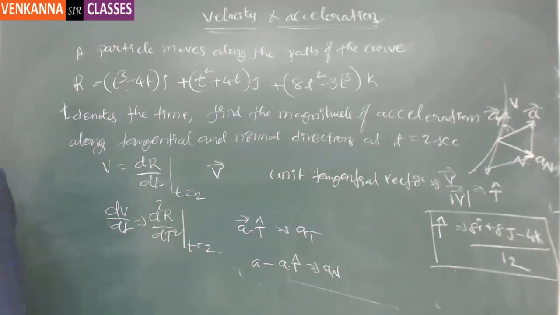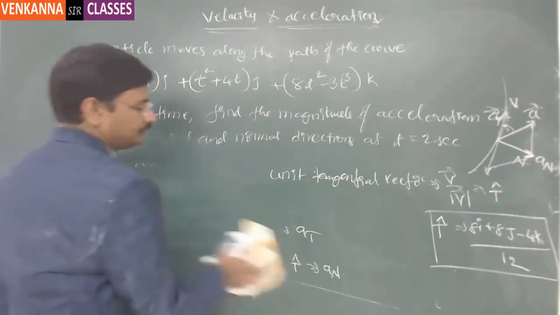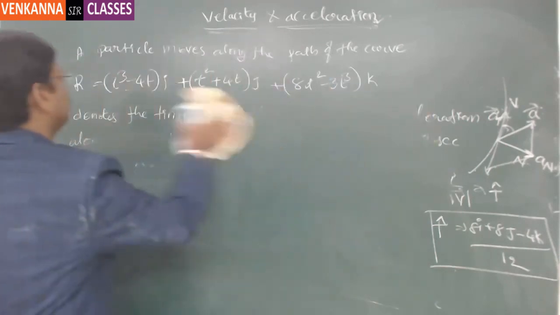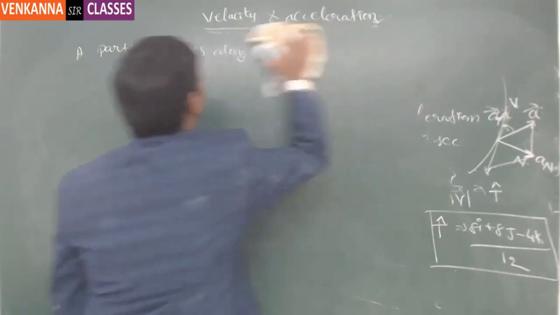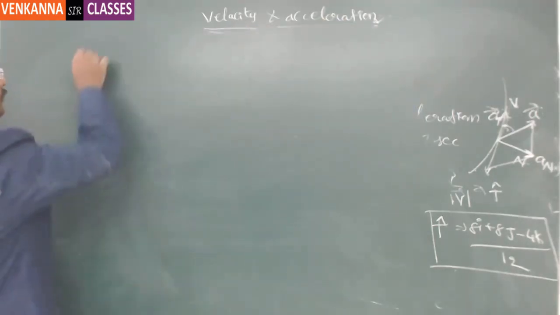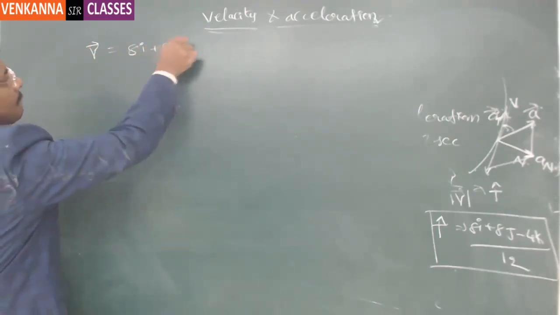Everybody got the same answer? So V vector we have got 8i plus 8j minus 4k.